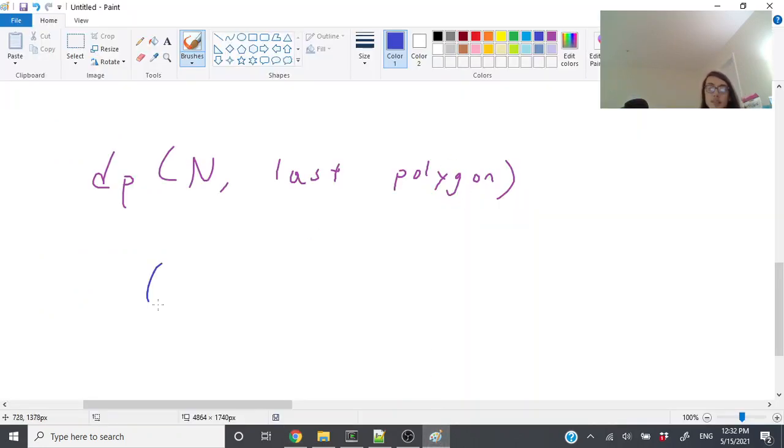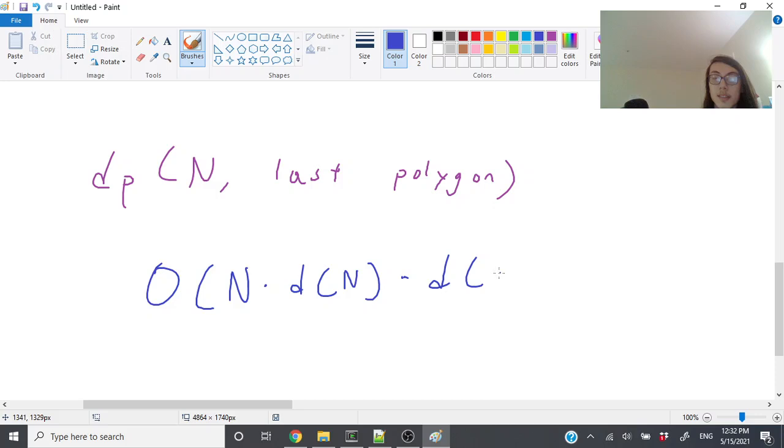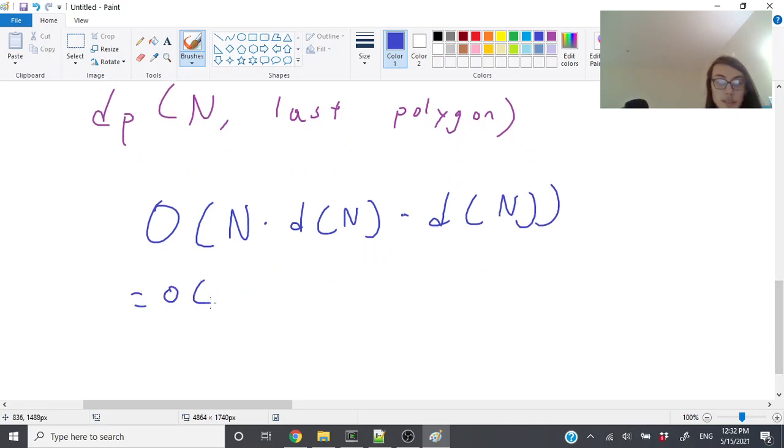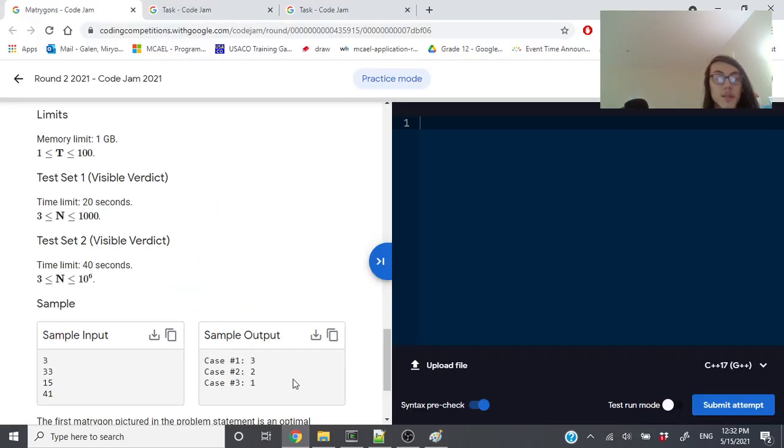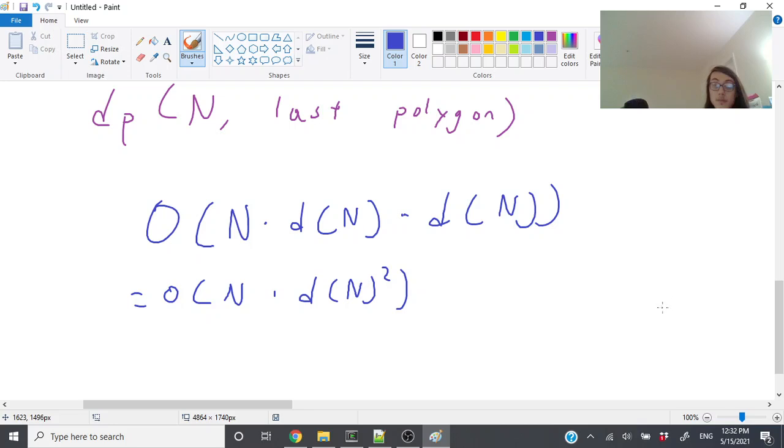So in this case, it's just n times the number of last polygons we can have, which is equal to the number of divisors of n, and then that again because that's the number of transitions we have. So n times d(n) squared. I feel like I just overcomplicated everything because other people found this a lot simpler.